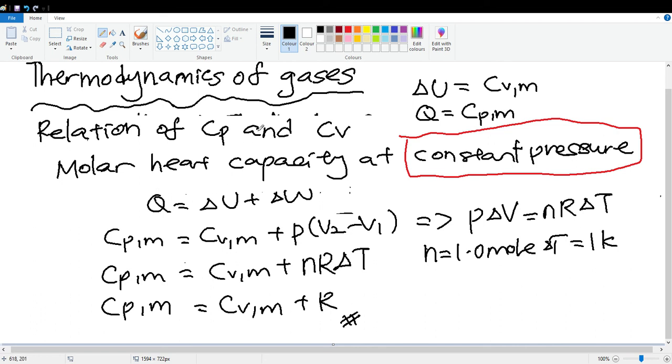We're still not done yet with our derivation.